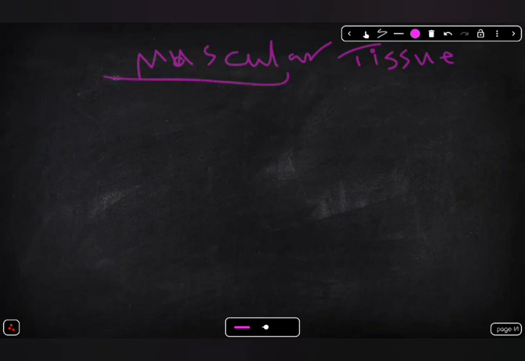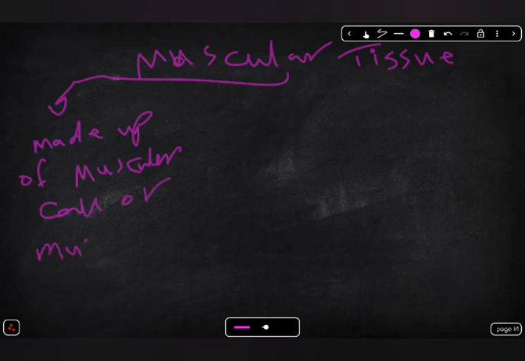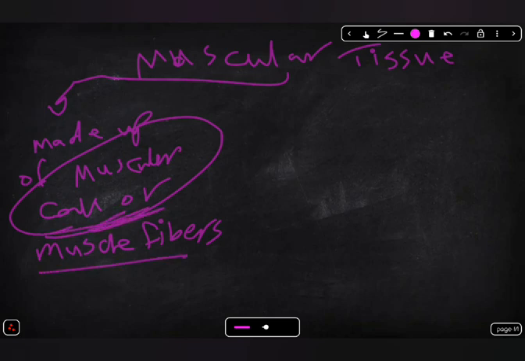The structure of the muscular tissue made up of muscular cells or muscle fiber. Okay, the muscular cells can be called muscle fibers.